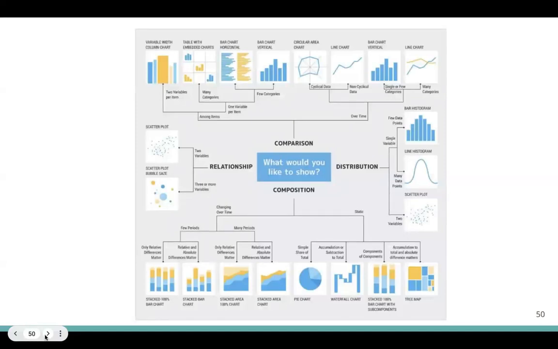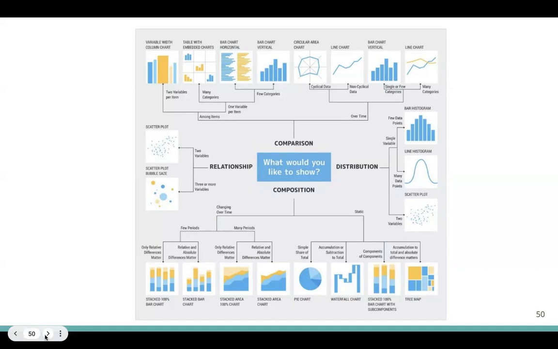This allows you to think about what you are really trying to show, the goals of visualizations. Are you showing a relationship between things? Then you might go to the left and try a scatter plot, which is the simplest thing people often show when showing two numerical variables, a correlation between them.